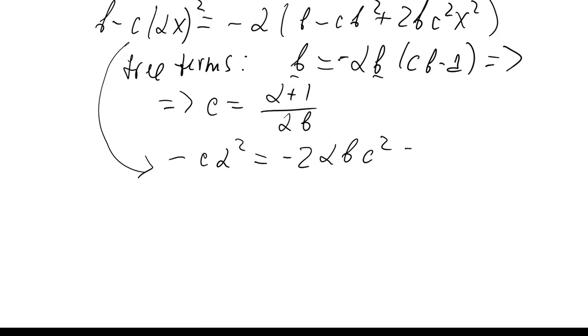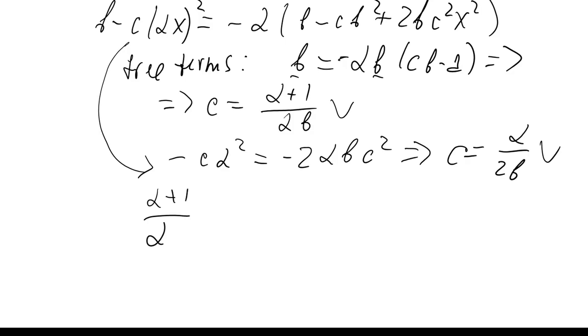And from here we see that c should be equal to alpha over 2b. This and this, it's the same c, so they should be equal to each other. Therefore we get alpha plus 1 over alpha b should be equal to alpha divided by 2b. From these two expressions, we get the equation for alpha, which is alpha squared minus 2 alpha minus 2 equal to 0.